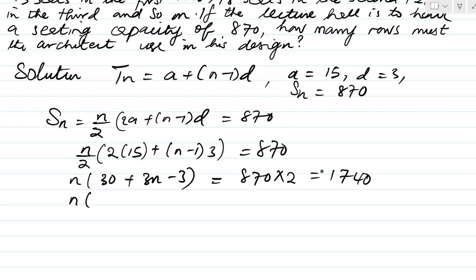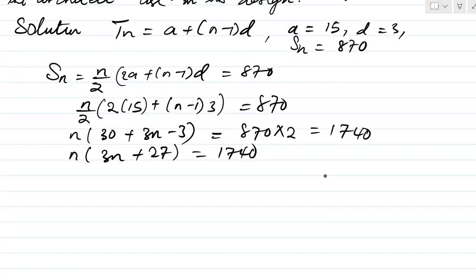So n brackets 3n plus 27 equals 1740. If you open the bracket, you are going to have 3n squared plus 27n minus 1740 equal to 0.